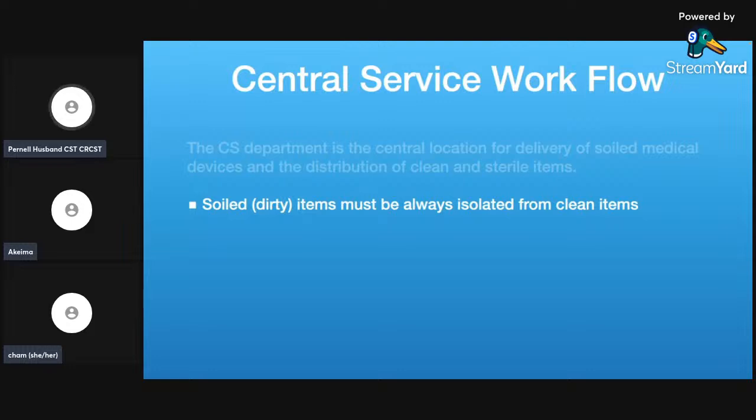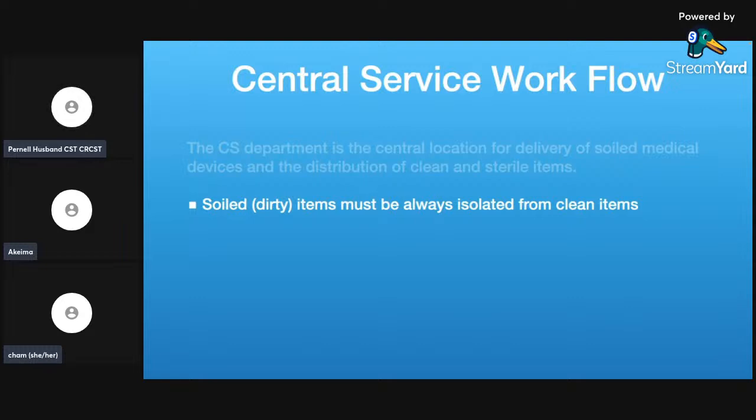So when they say soiled or dirty items, they're not referring to clothes? Well, they could be. Context is everything. You would need a little more specificity, because when you use the term soiled, all you're saying is that the item's dirty. You could have dirty instruments, you could have dirty linen.